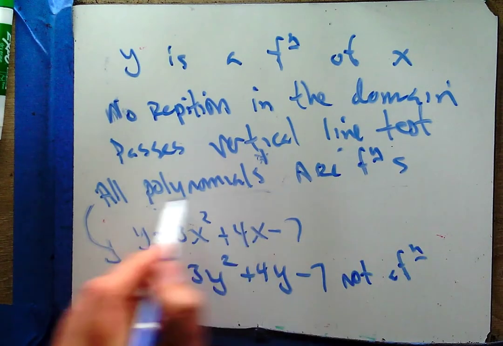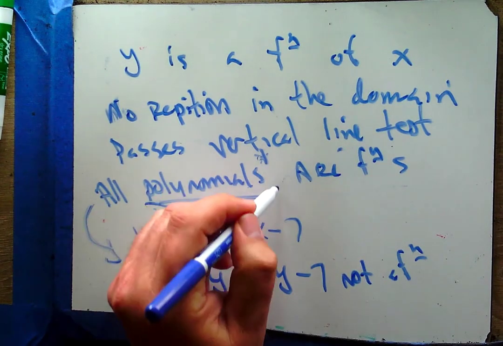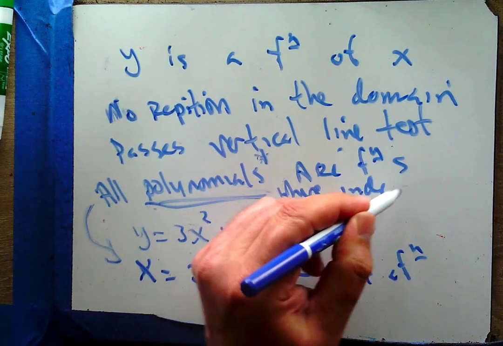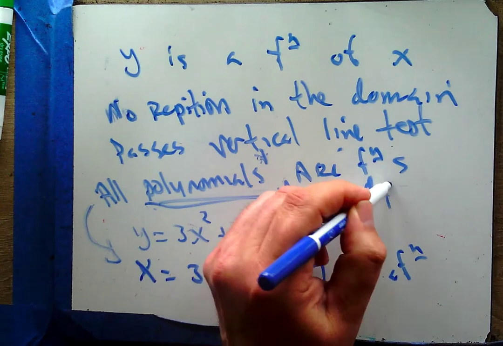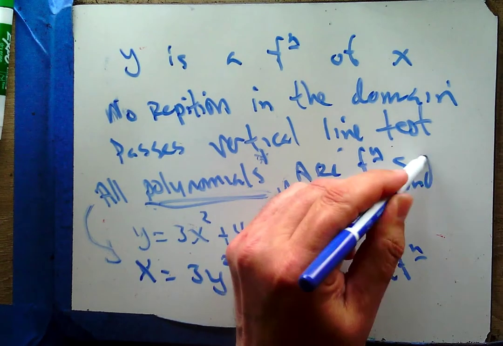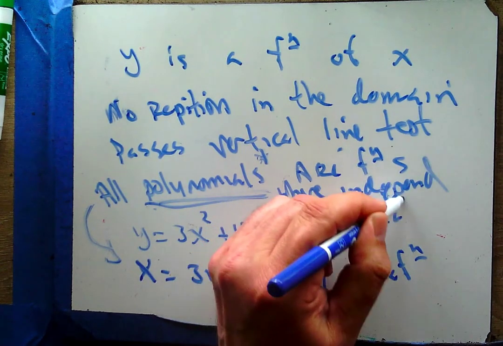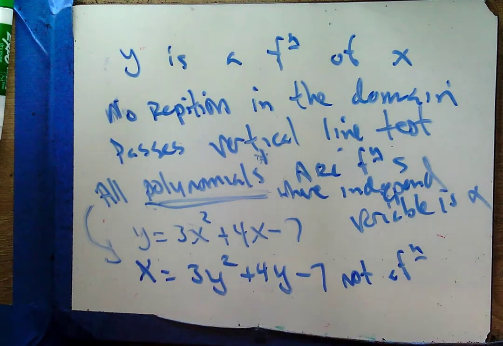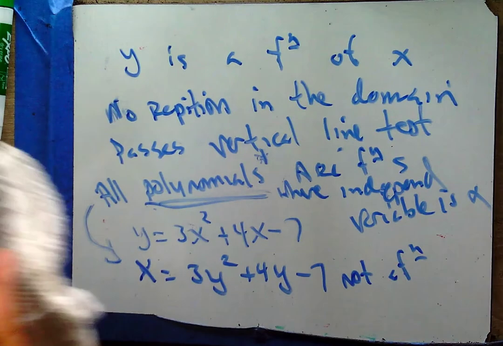So I kind of want to say here all polynomials where the independent variable is x. Certainly, virtually everything that we have graphed so far this year, y is a function of x.